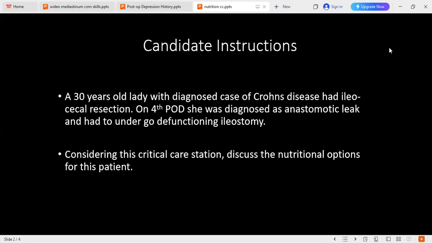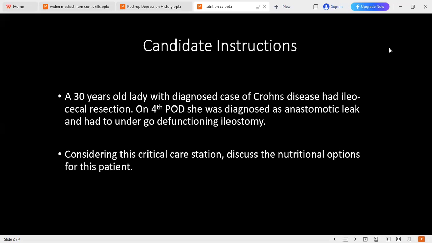Signs of severe malnutrition include body mass index less than 18.5. Not severe, I just said malnutrition, so it doesn't have to be severe. What parameters will you consider as a surgeon? Poor wound healing, low albumin level, hyperkalemia and decreased cuff reflex.